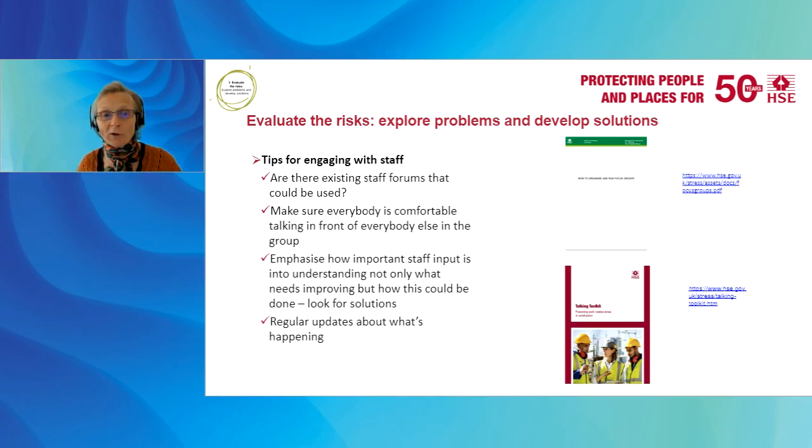Oh, yes, so the regular updates about what's happening. Communication, as I said, is really important. You can trial this in one part of the organisation. So when you collect your data, it might be that a particular department is having issues. You might say, right, I'm going to go into that department and talk to them to explore in more detail. But tell the rest of the organisation why you're going into that particular department, so that they don't feel left out and that they can still see.